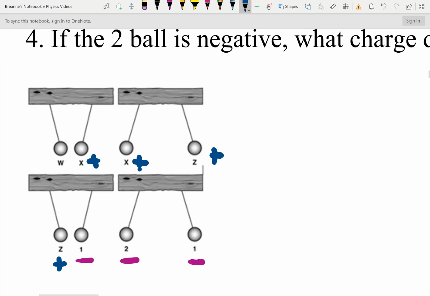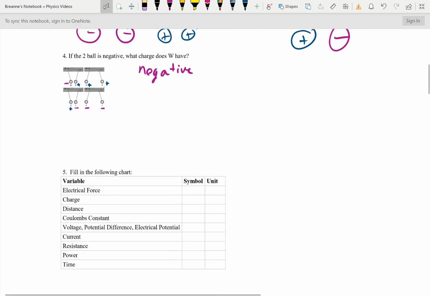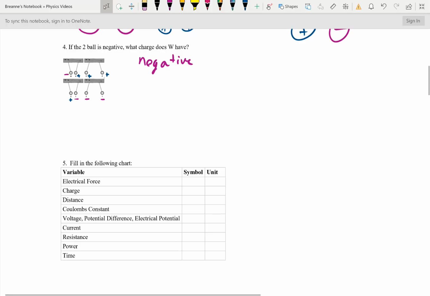If X is positive and attracting, that means W has to be negative. Kind of cool, huh? So your answer is negative. Think about that: repelling, attracting, fun stuff like that.